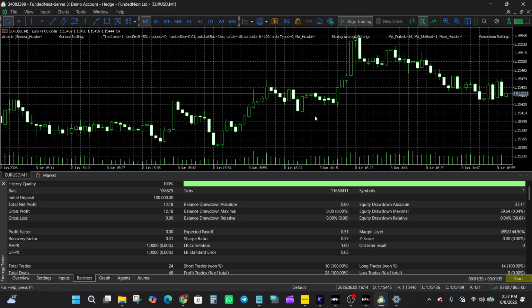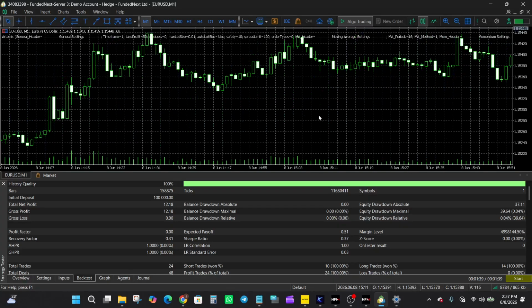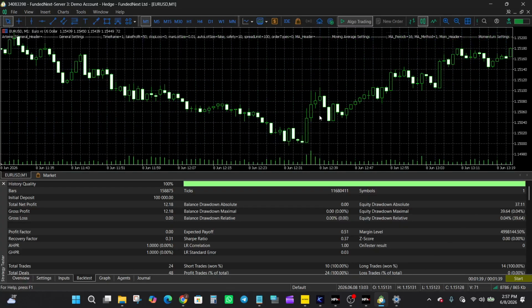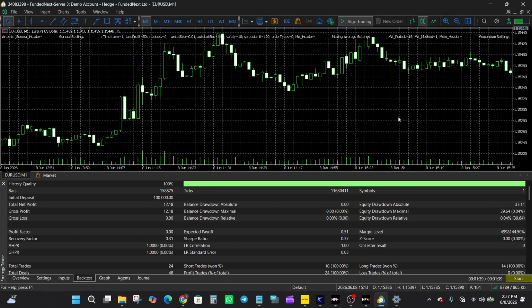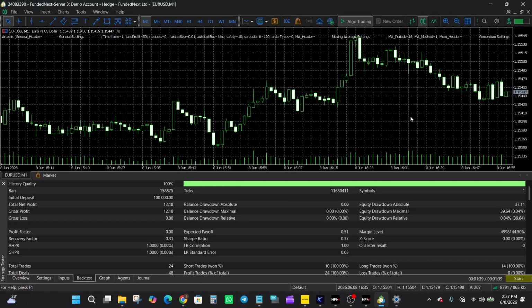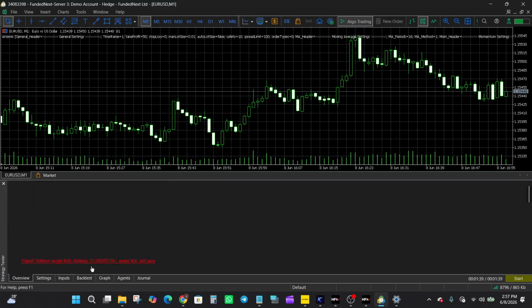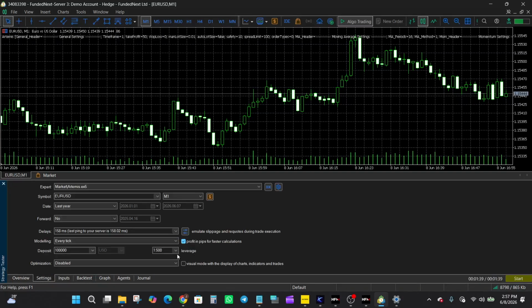All right. So as I go through the historical chart, I'm observing how price interacts with the moving average and how confirmation from multiple indicators appear to act as a filter before any trade is executed. Okay, so we are just going to also turn on the visual mode so we can see the EA active.